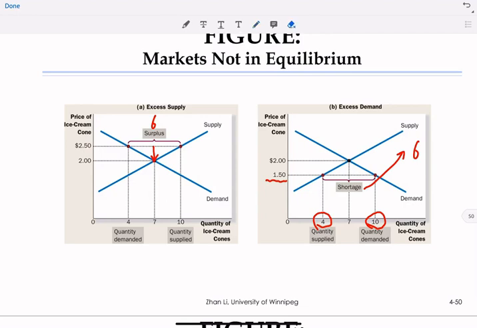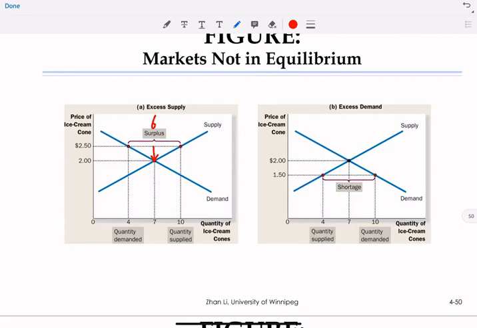Now, the same kind of argument can be made for the shortage case. Let's say there is a shortage in the market. Basically it means that a lot of buyers would want to buy the product, but there are not enough sellers. Now you can imagine what would happen. Sellers would be happy to raise their prices.